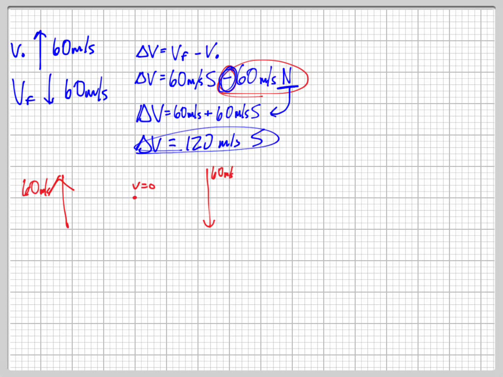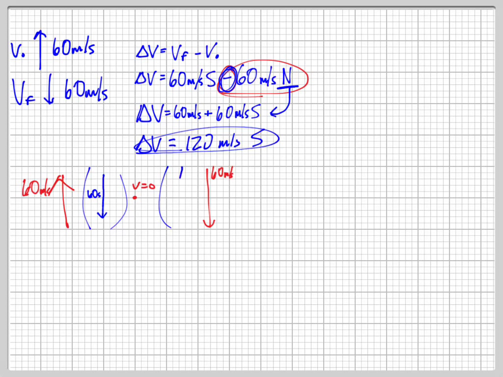So to get from 60 north to 60 south, in order to stop, to get a velocity of 0, I have to add to my original vector one that points in the opposite direction, which is 60 south.